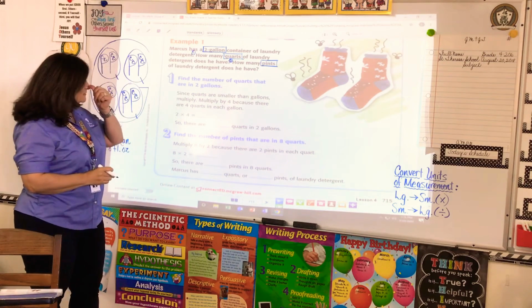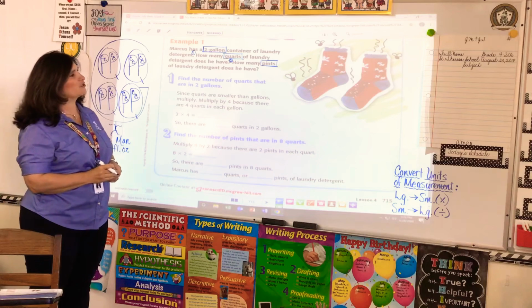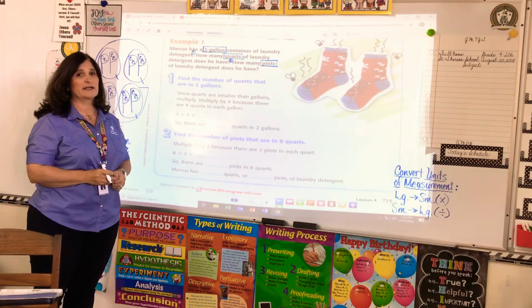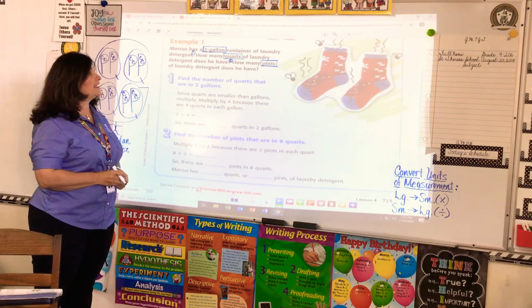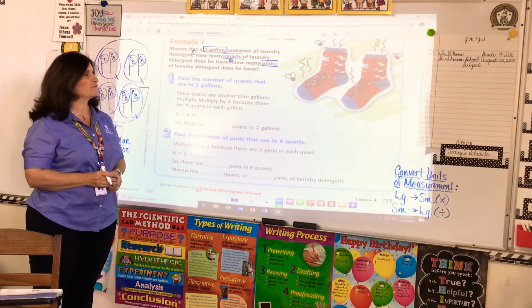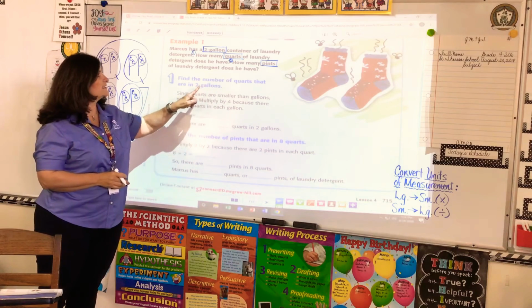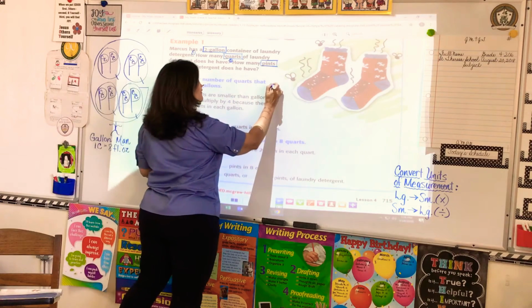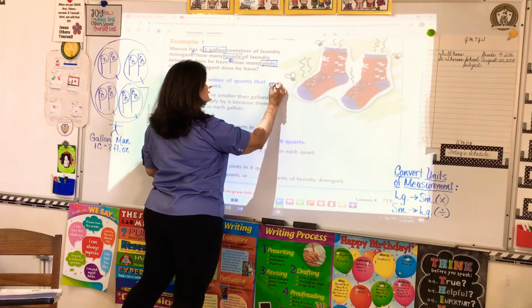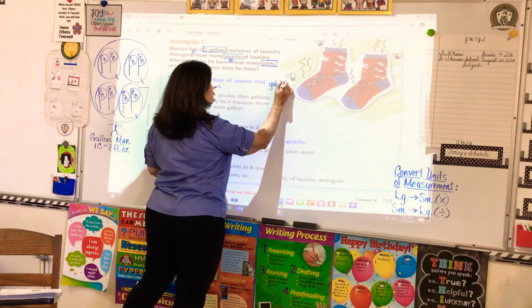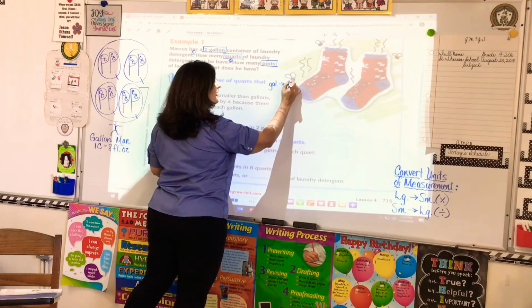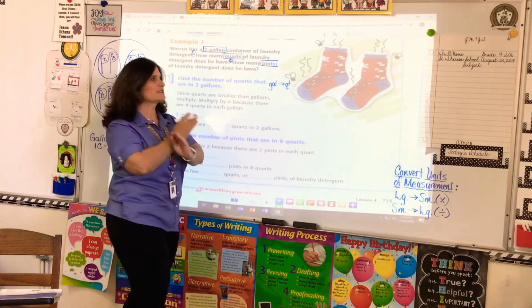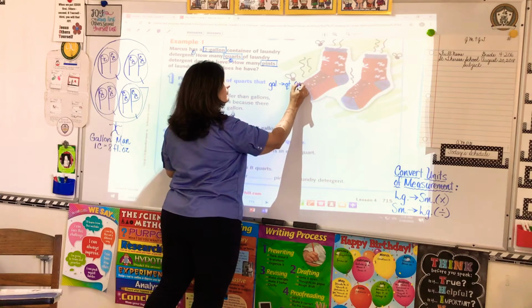One of the things we want to make sure in capacity is that we see how the different measurements relate. We're talking about gallons and quarts. We're going to go from gallons to quarts. It's a large to a small, so we're going to multiply.